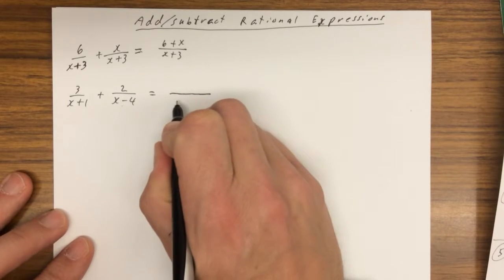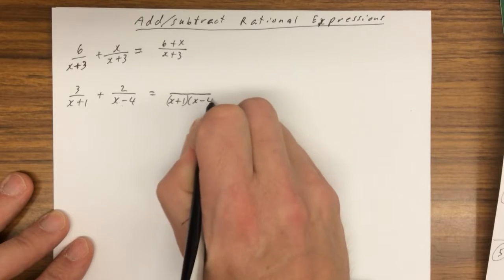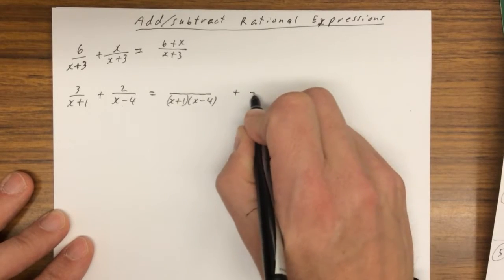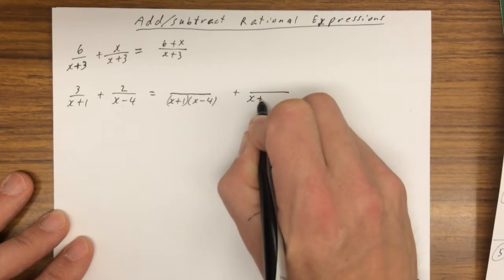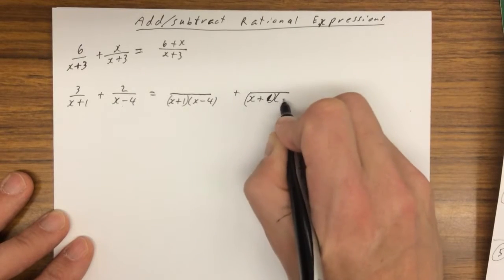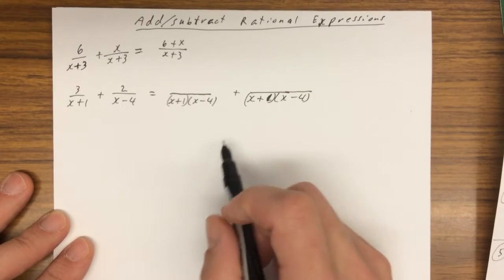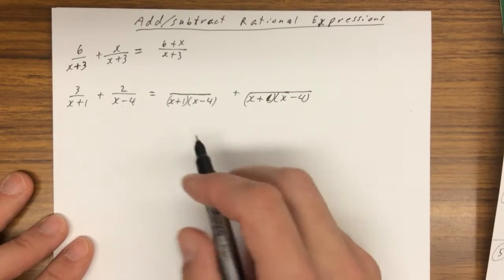So common denominator is going to be x plus 1, x minus 4, okay, on both of them. Okay, so same denominator on both.